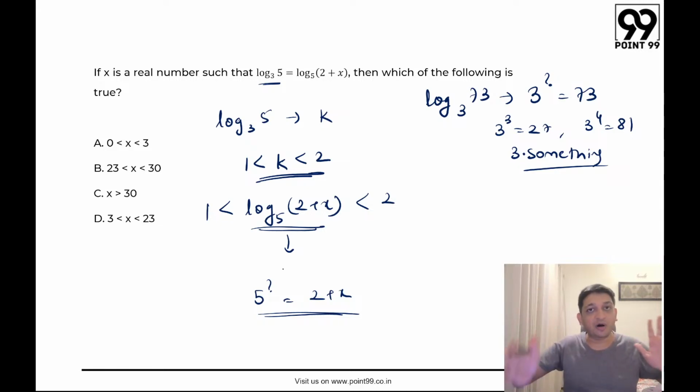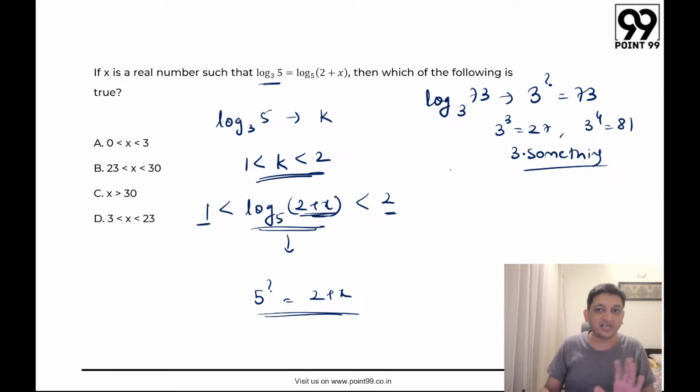Now I know the two boundaries that exist here. This number should be less than 5 square but greater than 5 raised to 1. If you are finding it slightly difficult to understand this, go back, think about the concept that I had mentioned in the first question, and you will be able to make sense of this.